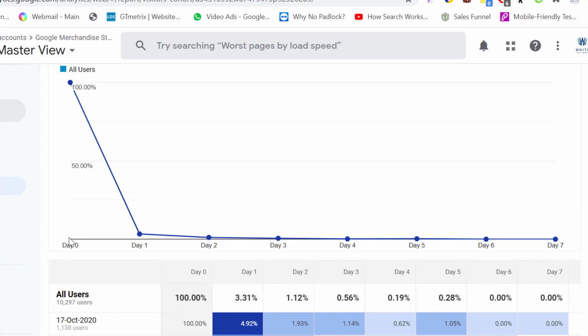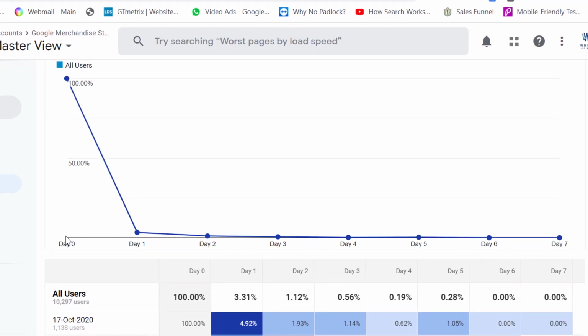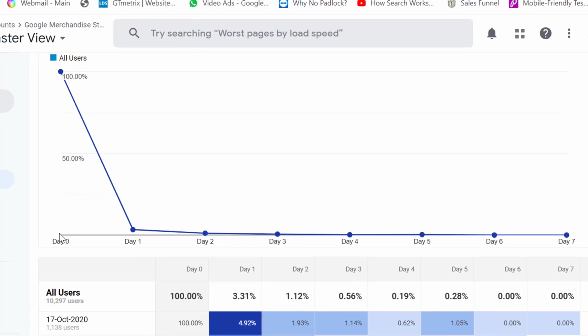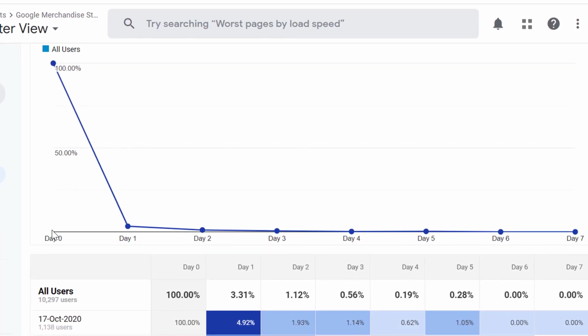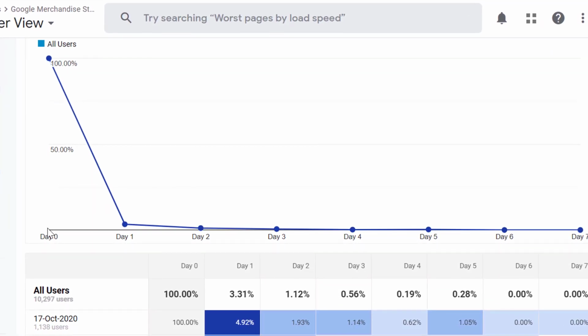Be it 5 people or 100 people visiting my website on day 0, they are 100%, because this is the data I am taking into consideration.